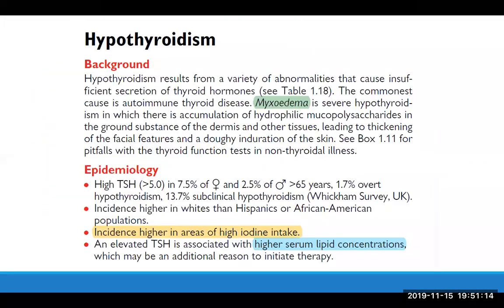Incidence is higher in areas of high iodine intake. They didn't mention whether it is goitrous or non-goitrous. Here he asked about hypothyroidism. High iodine intake can cause goitrous also. Yes.